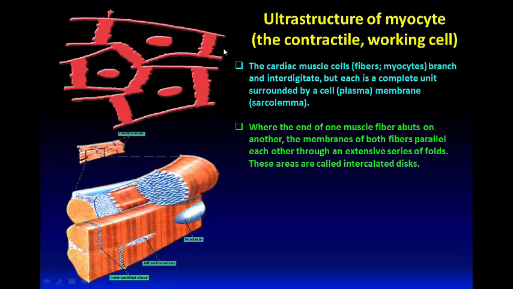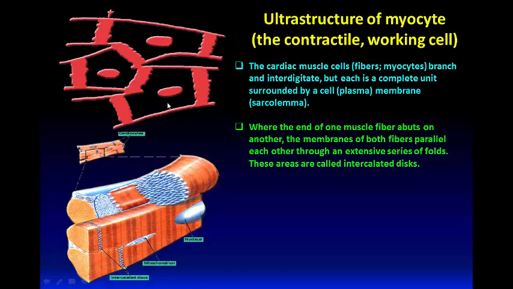The cardiac muscle cells or the fibers or the myocytes, they are cylindrical cells with centrally located nuclei. The cells branch, as you can see, this one branch of the cell, and this is another branch.